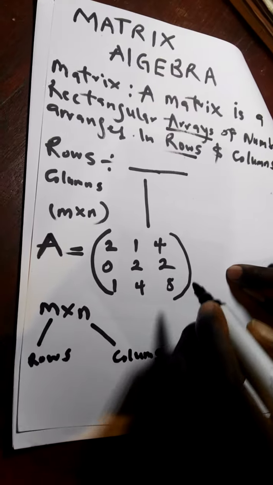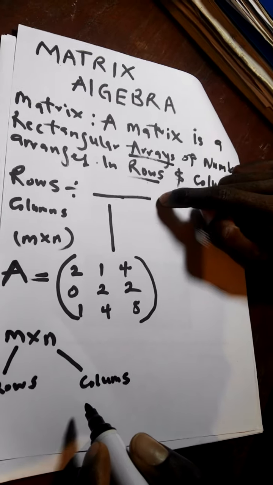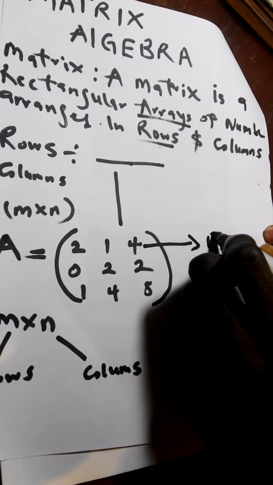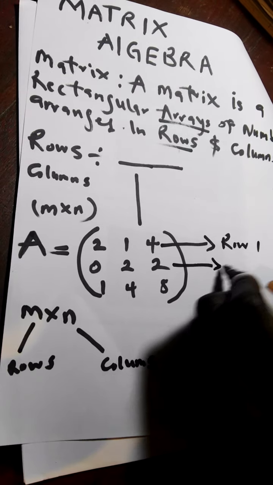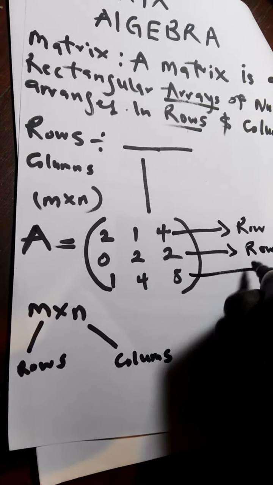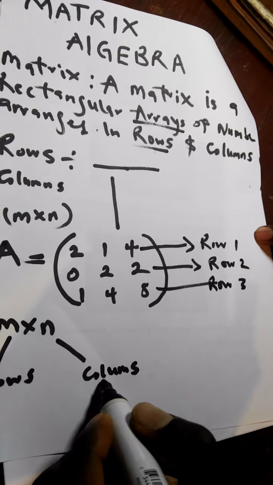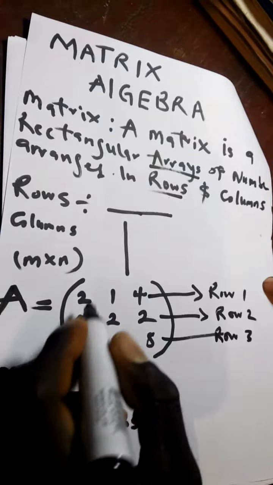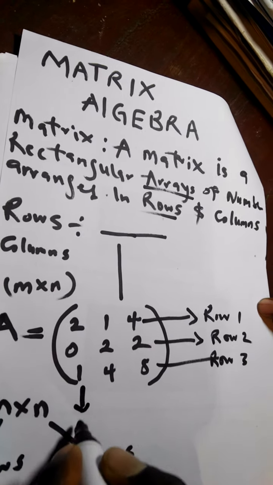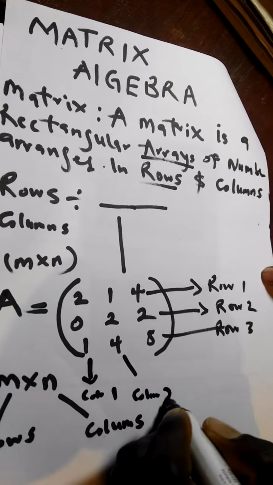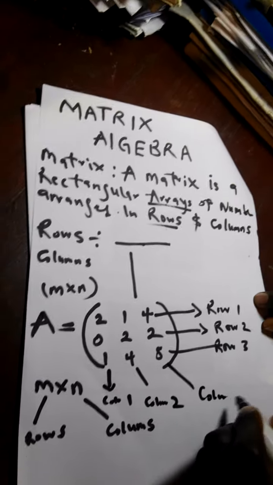The number of rows, which is horizontal, is this row 1, this is row 2, then this is row 3. Then the number of columns, which is vertical, is this column 1, this is column 2, this is column 3.